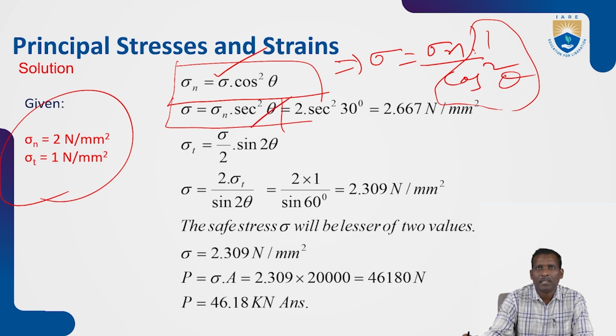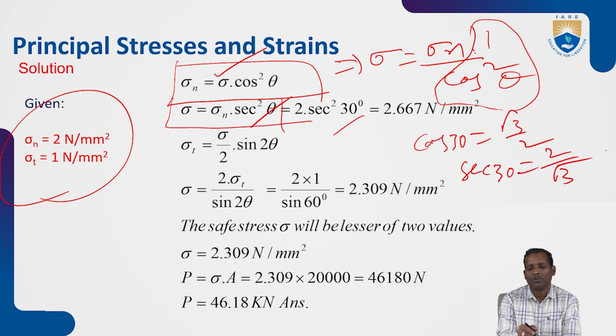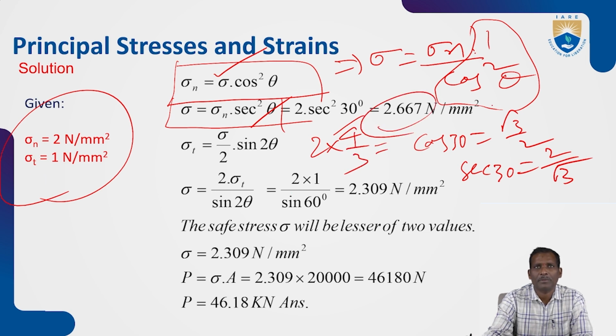So 2 secant square theta, theta is 30 degrees in the vertical cut. So cos 30 is root 3 by 2 and secant 30 is the inverse, 2 by root 3. Now 2 multiplied with 4 by 3, so you will get 2.667 Newton per mm square.